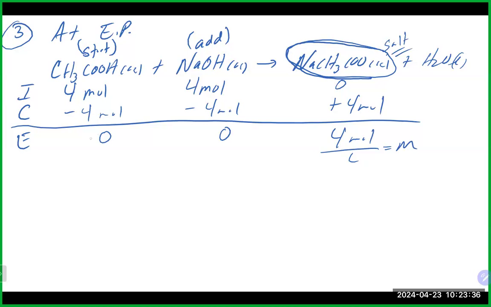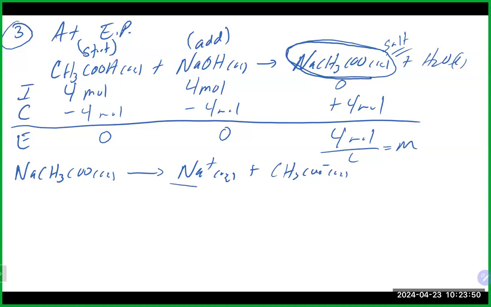So this salt is sodium acetate, which means it's going to break apart into 2 things, a sodium ion and an acetate ion in this case. All right, we'll start with the sodium. Sodium is what type of salt? Acidic, basic, neutral? It is neutral, right? Because it comes from sodium hydroxide.